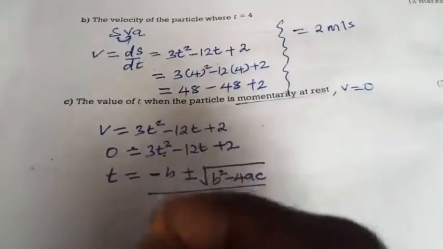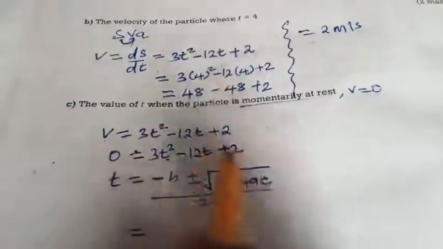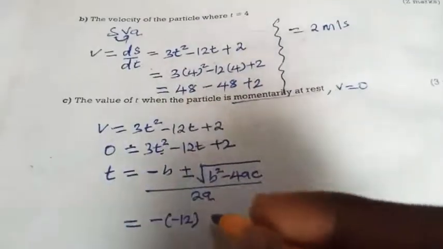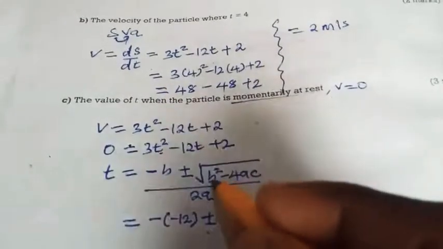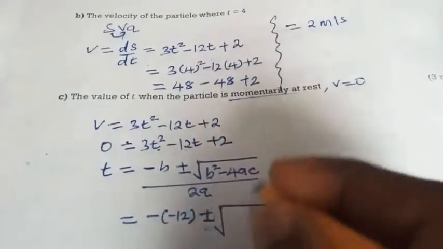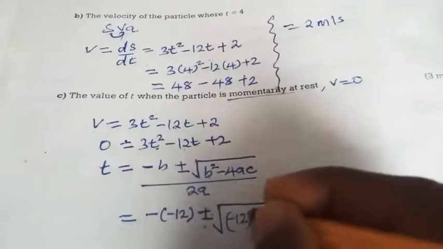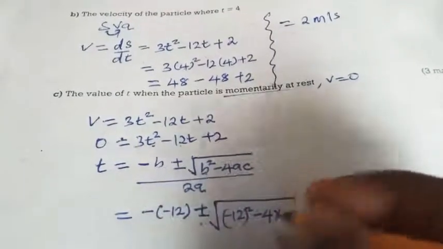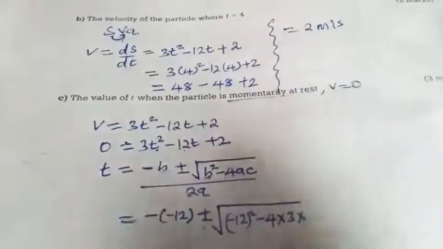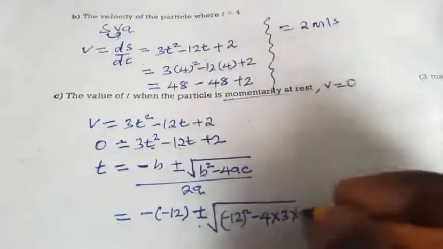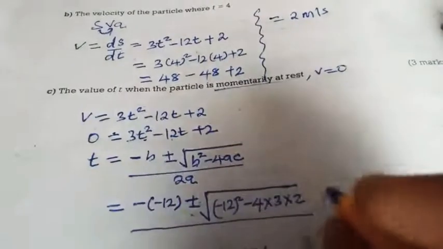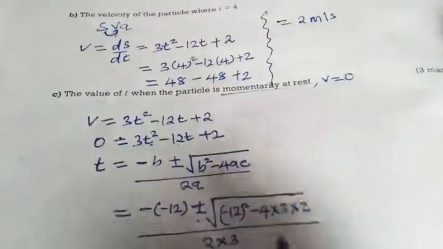So for this case, our b is negative 12, so it's going to be negative times negative 12, plus or minus the square root of negative 12 squared minus 4 times a, which is 3, times c, which is 2, all over 2 times a, but a is 3.